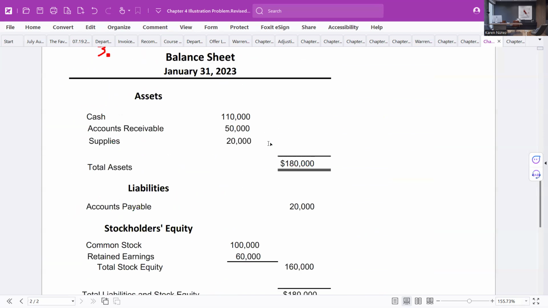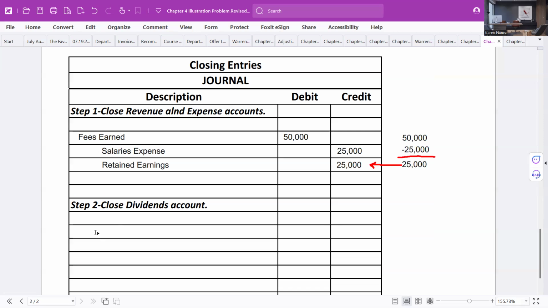And if we credit dividends, again, what that means is we should be debiting retained earnings. So the retained earnings needs to be debited for 10,000, and the dividends account needs to be credited for 10,000. And that's the second step or the second closing entry.